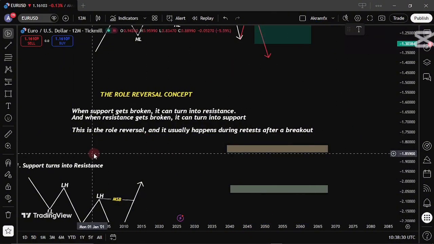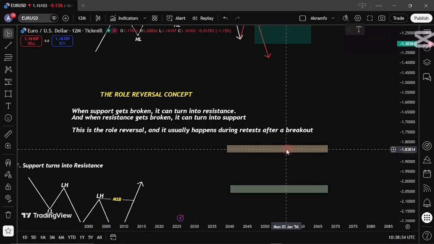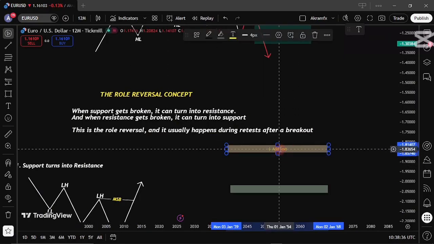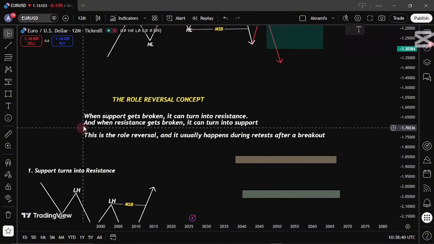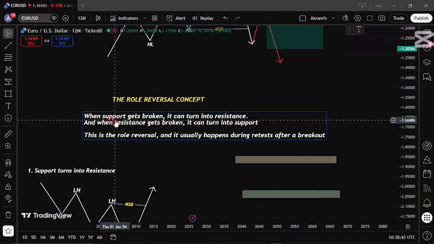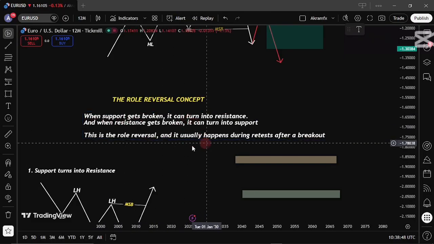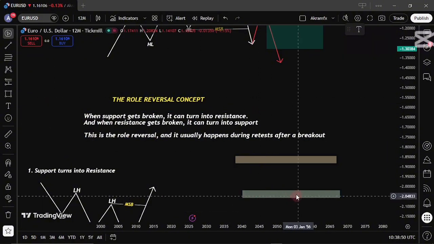So this is the concept: when support gets broken, it can turn into resistance. For example, this is our support.